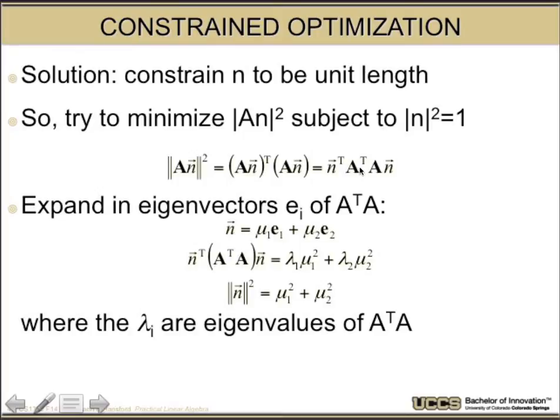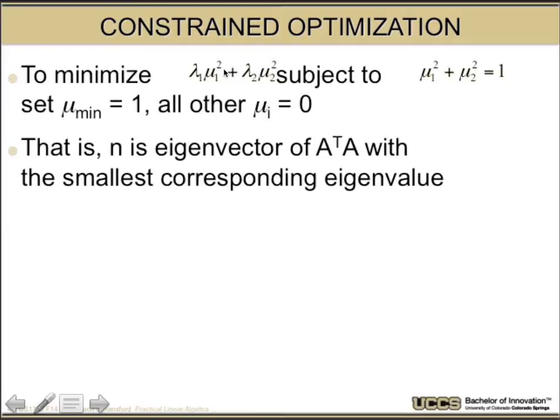If I expand that in terms of the eigenvectors of A transpose A, I'm going to get that the norm is just equal to, in the 2D case, the sum of the eigenvalues lambda i times the squares of the coefficients mu i, where lambda i is the eigenvalue. So if I really want to minimize that, what I need to do is minimize it subject to mu1 squared plus mu2 squared equals 1.